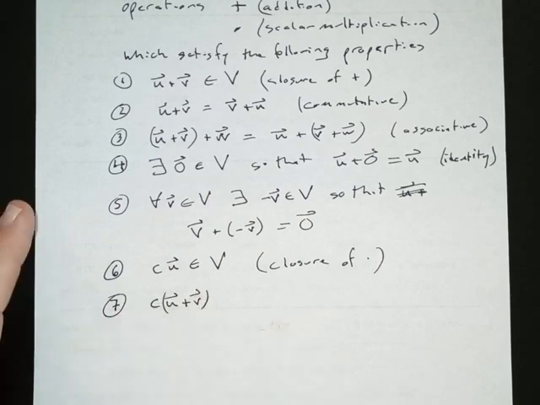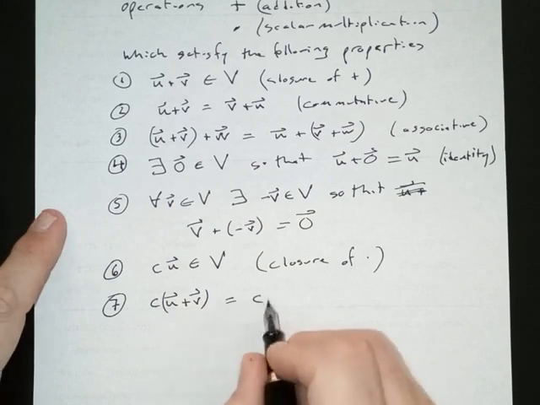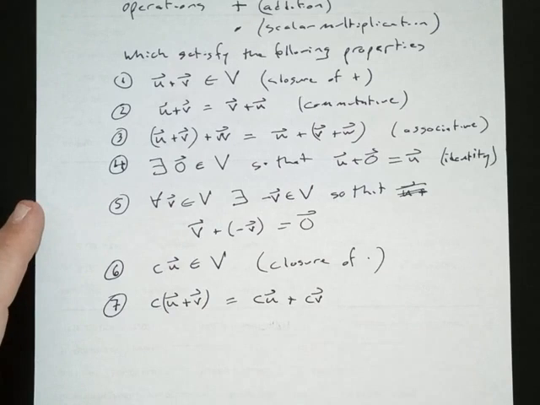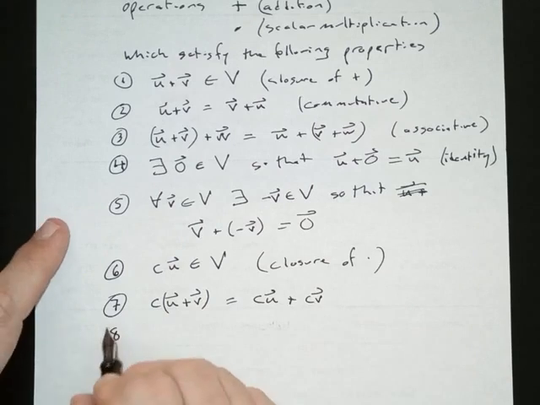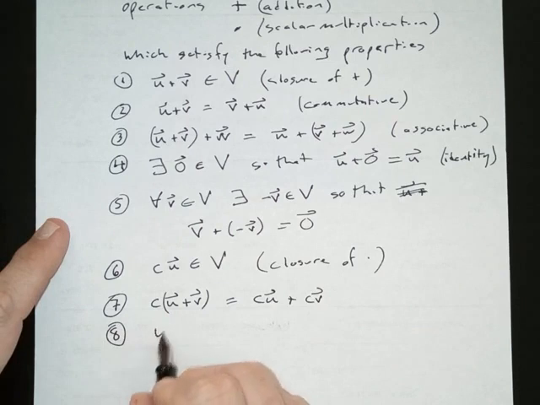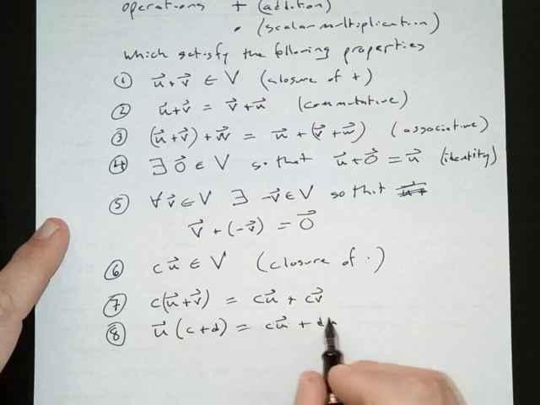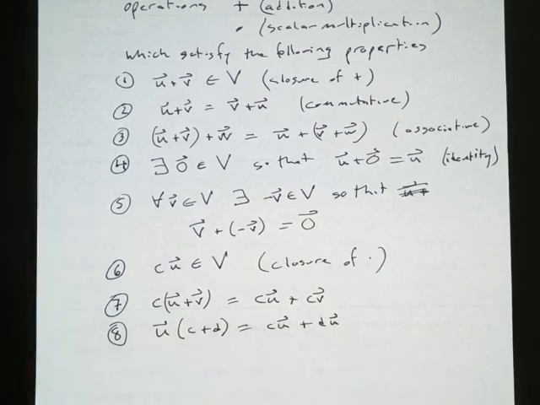I want to be able to distribute a scalar over 2 vectors. That makes sense. I want this thing to kind of behave linearly. And I want to be able to distribute 1 vector over 2 scalars.